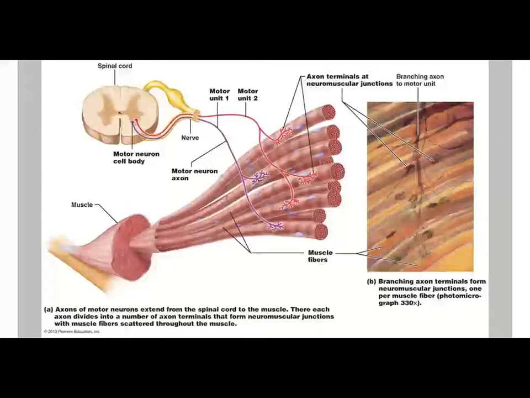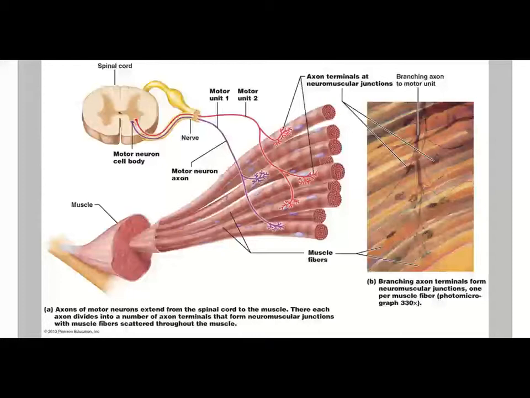Now, if we look closely at the red and the purple, the motor unit 1 and the motor unit 2, we can see if we look at the muscle cells that they are attached to, the red and the purple are not attached to any of the same muscle cells. There's 3 different muscle cells that the red is attached to. There are 2 different muscle cells that the purple is attached to, but none of these cells have a red and a purple attached to them.